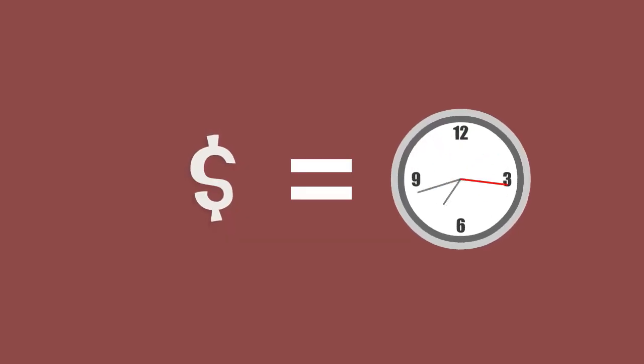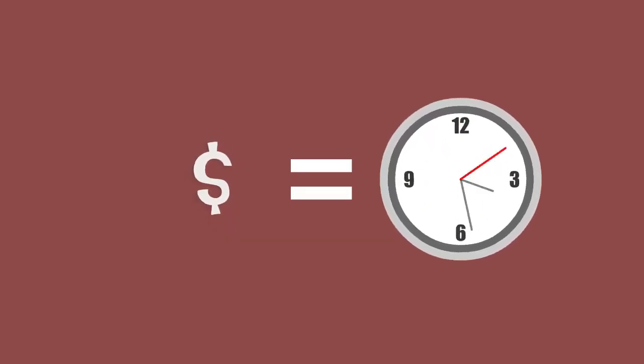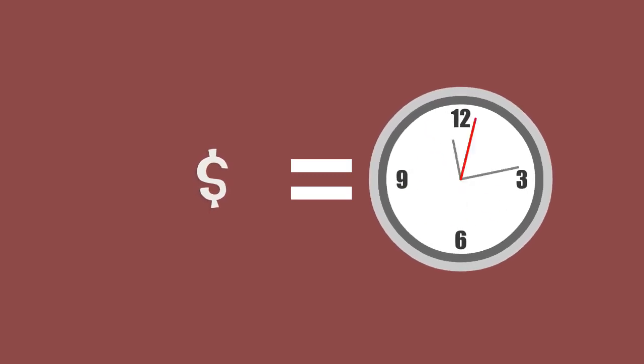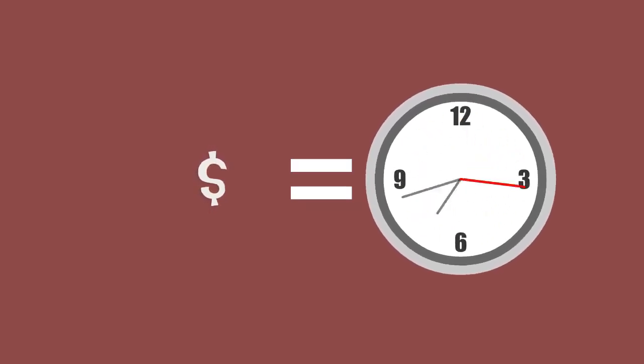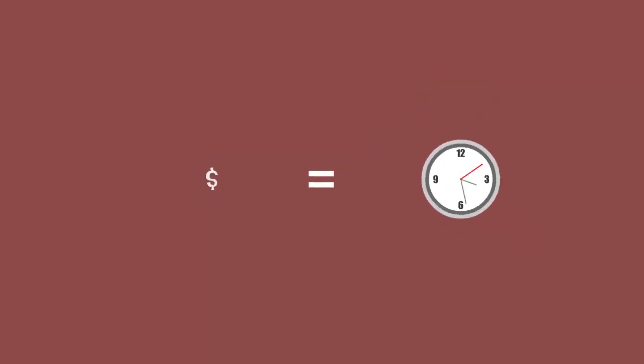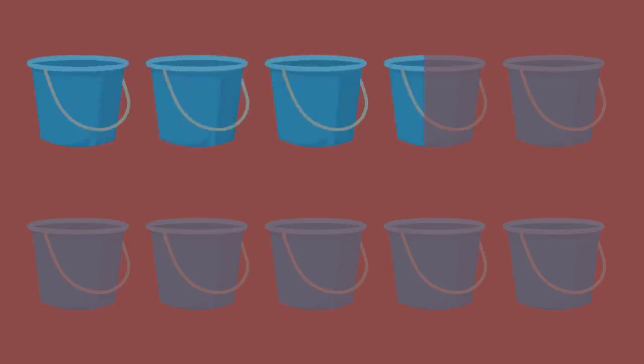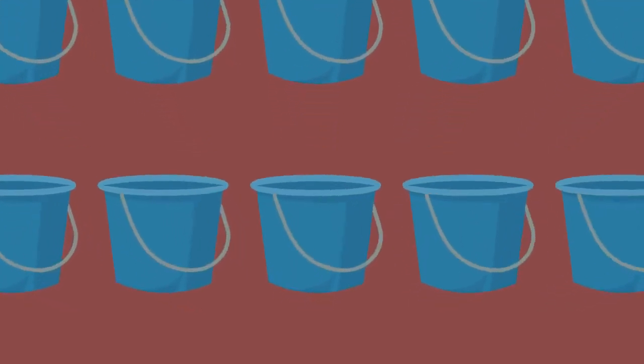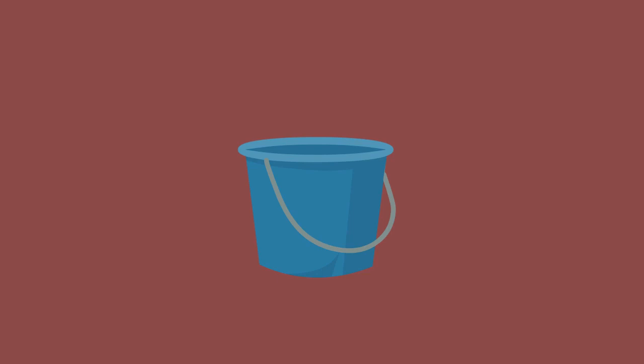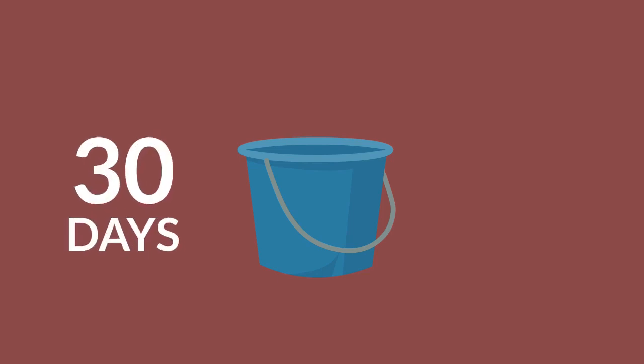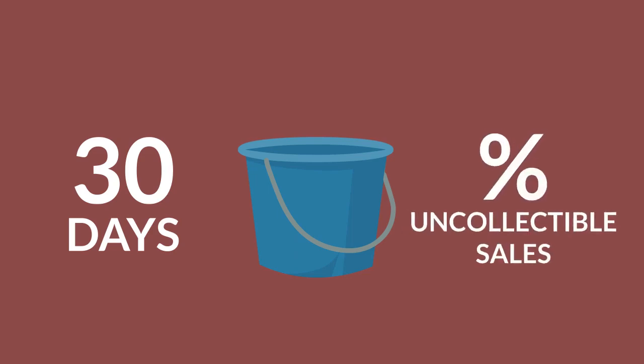Thus, we assume that the longer an account remains unpaid, the less likely it will be paid off. We create a schedule that sorts our accounts receivable into buckets based on how long they have been overdue, with each bucket usually spanning 30-day intervals. We then assign an estimated percentage of uncollectible sales to each bucket.